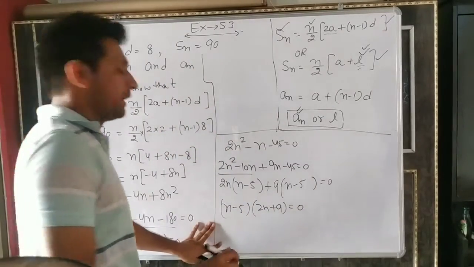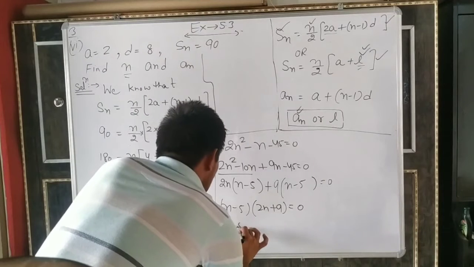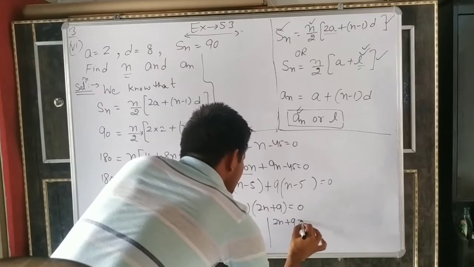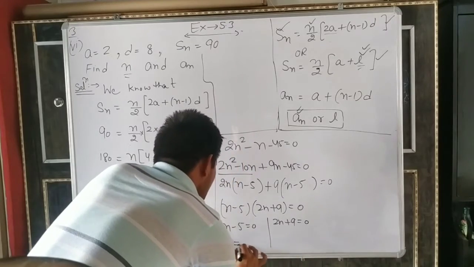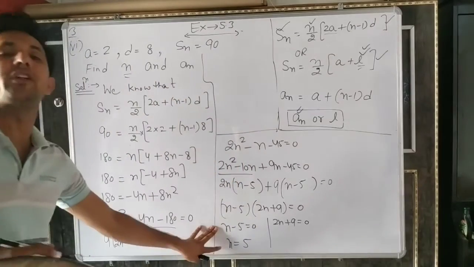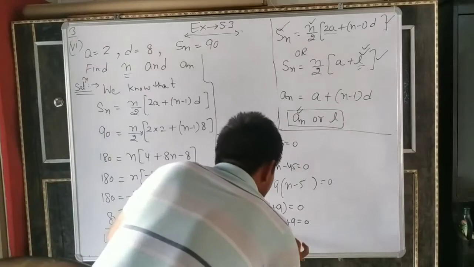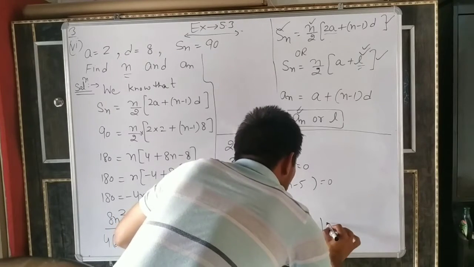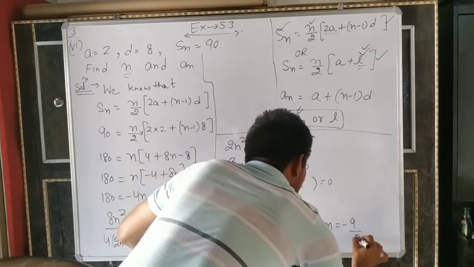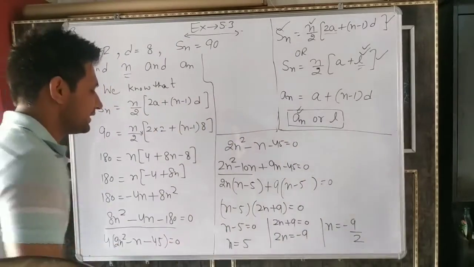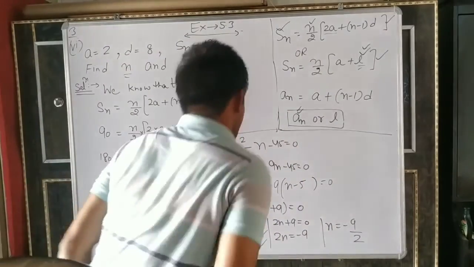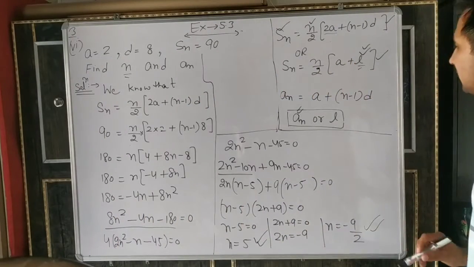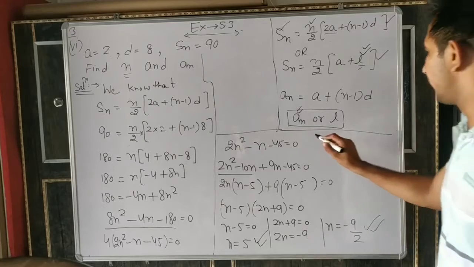What does it mean? Either the first number is 0 or the second number is 0. If the first is 0, n is 5. And 2n equals minus 9, so n equals minus 9 upon 2. So there are two roots, two values: n equals 5 and n equals minus 9 upon 2.